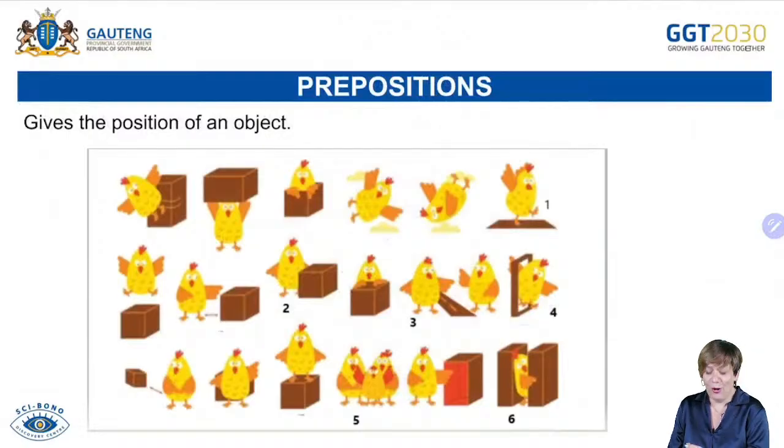You are among the rest of your chicken friends in this case. Whereas number 6 is he is between the two. Can you see he's in between the two boxes? Be careful. So if it's only 2, we say in between, but he is, with number 5, among his friends.